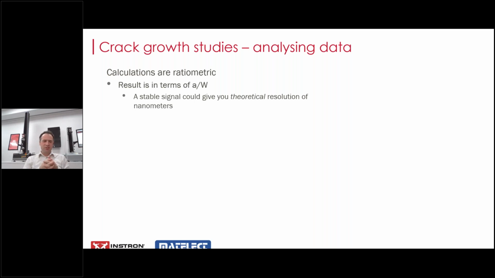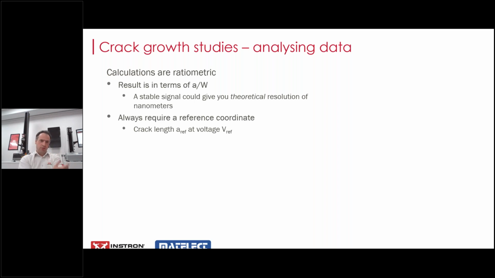Based on some of the discussions I've heard and read about, in principle you can theoretically get a resolution way down, even below microns, as Matthew said earlier, although the practicalities might mean I would question that. But the point is, you can get very fine resolution on, once again, very small specimens.